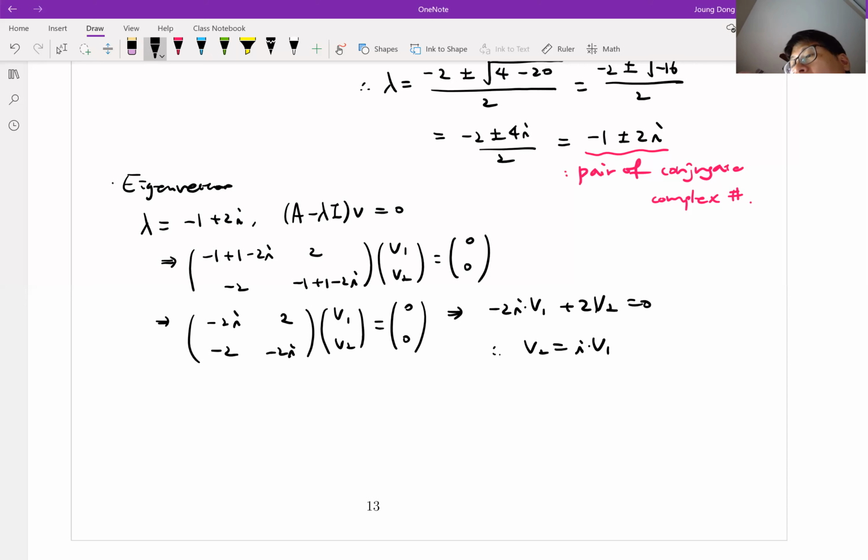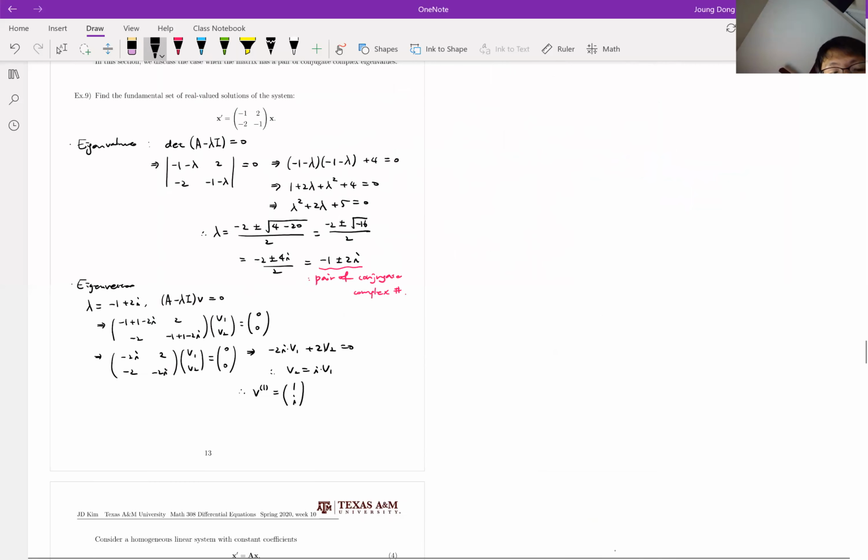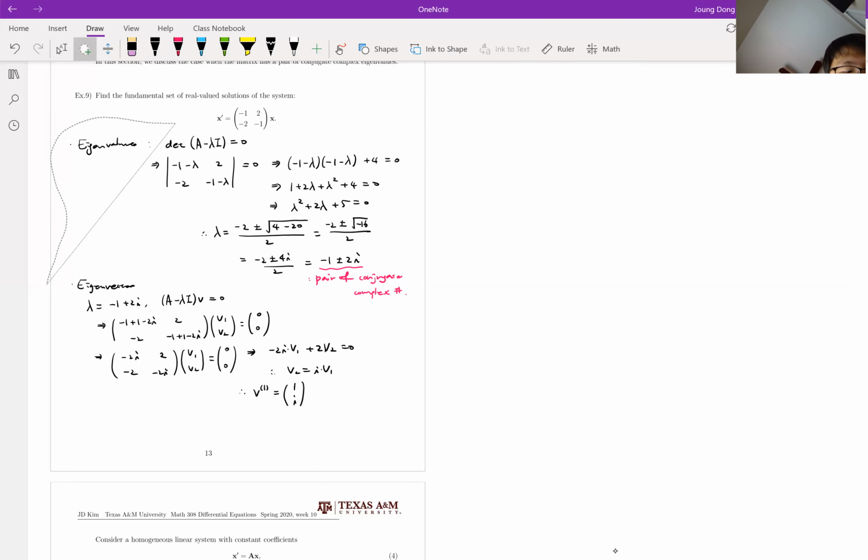That is your eigenvector. So finally, my eigenvector is 1 comma i, which is a complex-valued eigenvector. From this point, let's do the same technique as in chapter 3. I need more space.